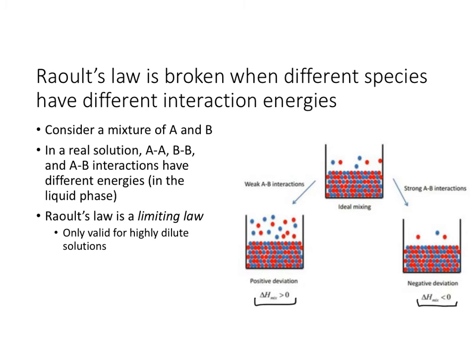Let's think first about the ideal solution. Notice that there are equal numbers of blue and red particles up here in the vapor phase. That would imply that if we had pure red solution, then we'd have 6 of those particles up there in the vapor phase.